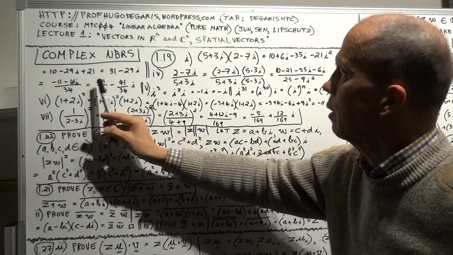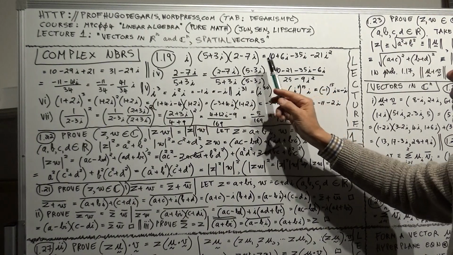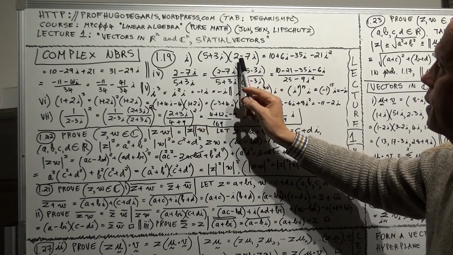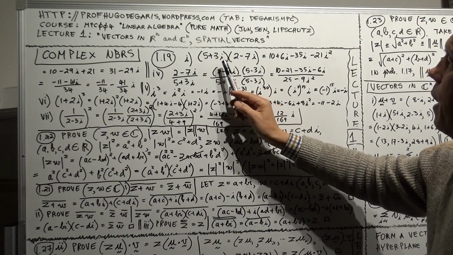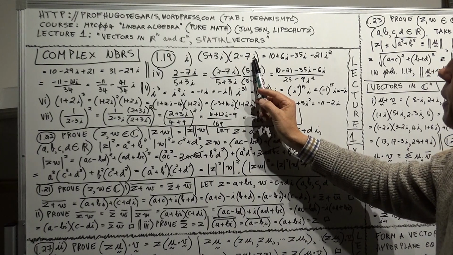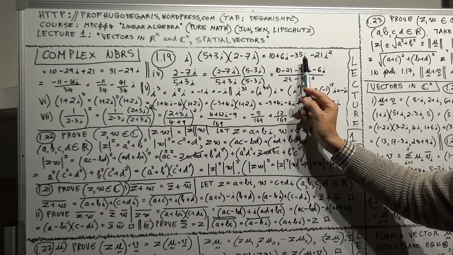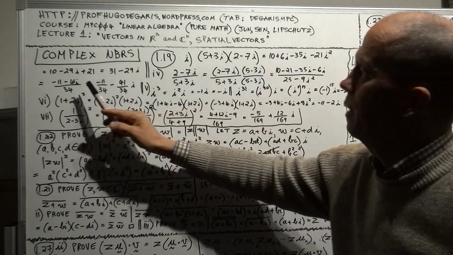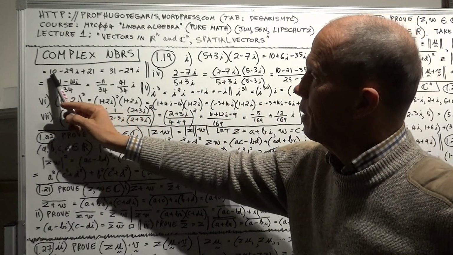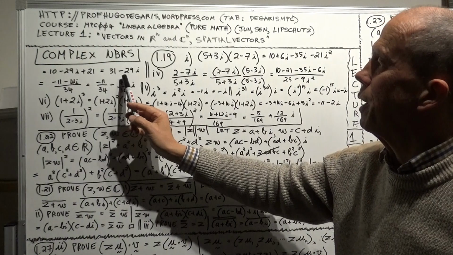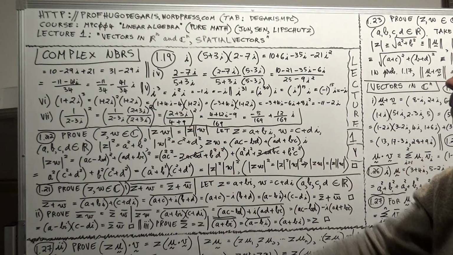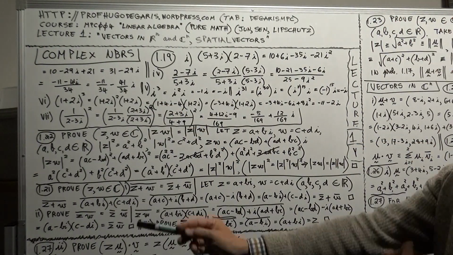So 10 plus 21. Now the i's, you get a 6i from here and a minus 35i from here, so it's minus 29i. So you get a 31 here, so the answer is 31 minus 29i. That's not too hard.